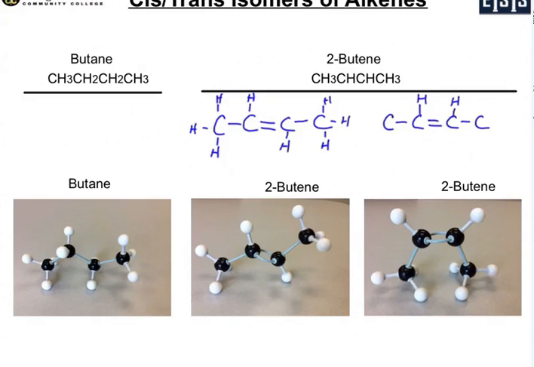And the reason for that, again, if you look down here at butane, when we have single bonds in the carbon, because of these single bonds, let's look at this one here. This is the one that's going to be a double bond as we go to butene. Because it's a single bond, these carbons are free to rotate around.